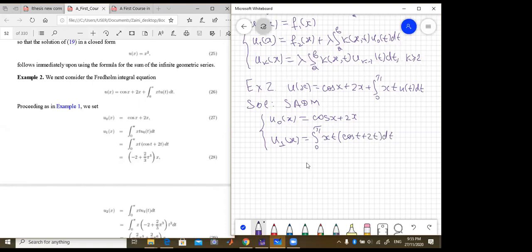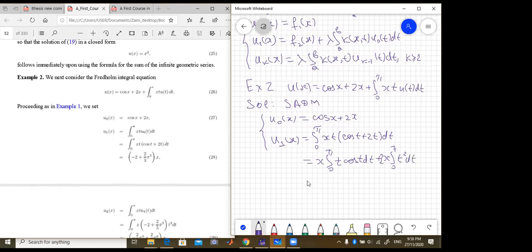Okay? So now you can easily see, we divide this integral into 2. One integral is, the x is out, t cosine t dt, plus x integral from 0 to pi, and here also 2, and t square dt.